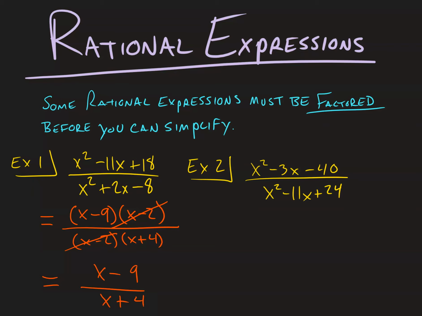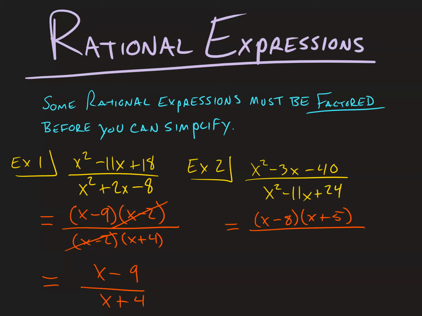Now when we look at our second example, again we have two quadratics, so we have to factor both. Our numerator, x squared minus 3x minus 40, can be factored to x minus 8 times x plus 5.